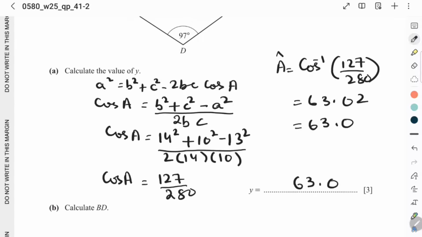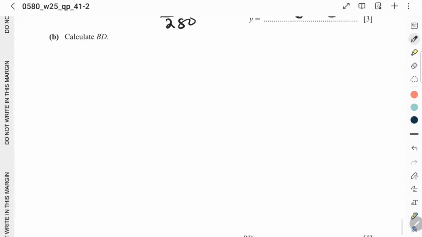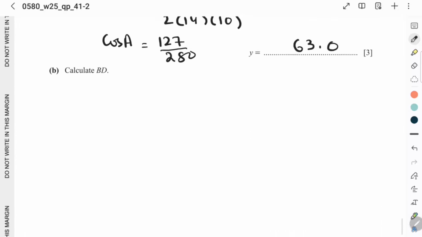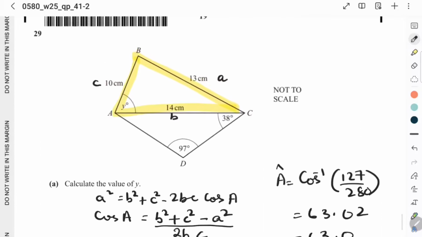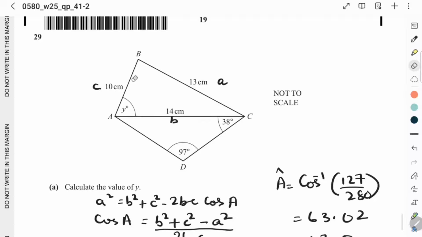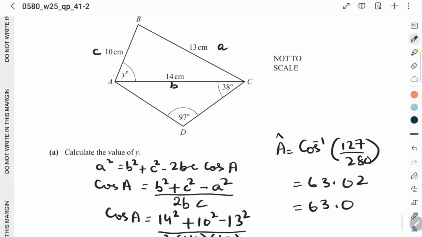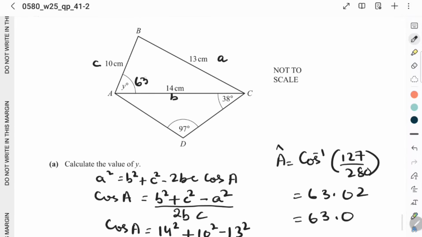It's also acceptable. Now in part B, which is the last part, BD is required. So to find BD, first of all write down that this is 63 degrees. Now they're asking you to find BD. If we look at this diagram and know a few things, like the angle, then it's easy to find our answer.